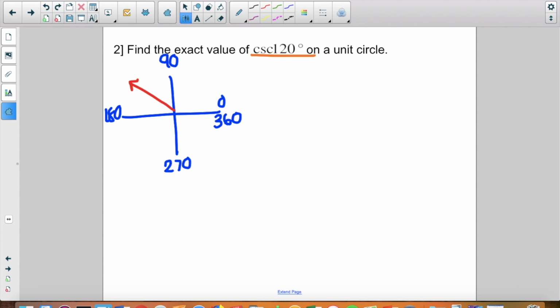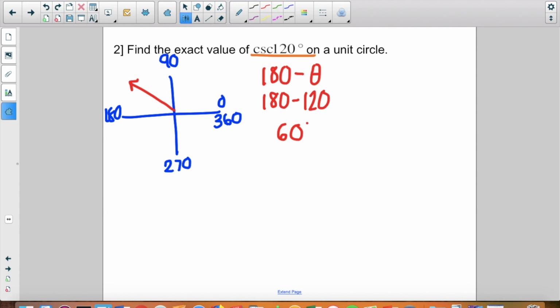This is in quadrant 2. Since it is in quadrant 2, we need to use this rule in order to find the reference angle: 180 minus theta. So we have 180 minus 120, which gives us 60.